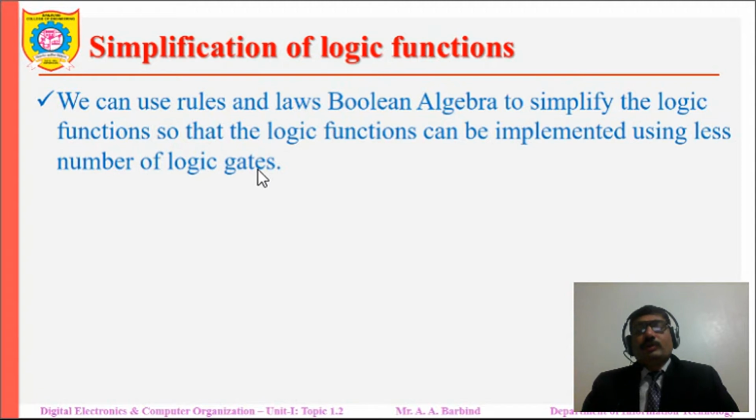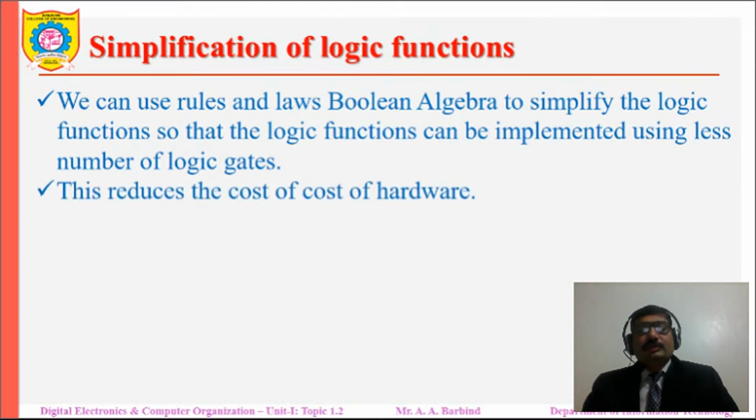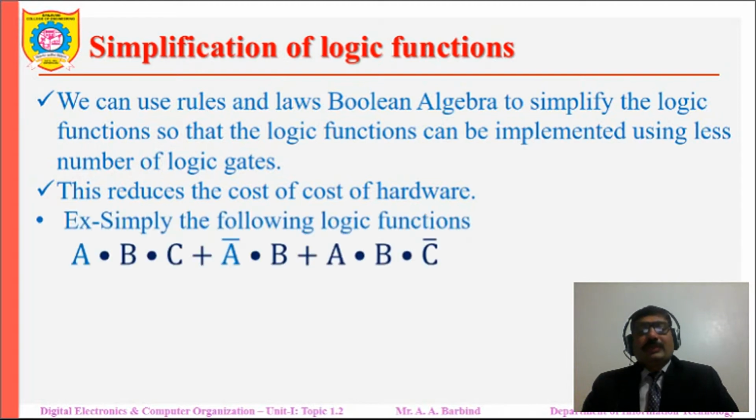So before implementing any logic function, we go first for simplification of that logic function so that the cost of implementation will be less. So this reduces the cost of the hardware, that is the number of logic gates that are required for implementation of that particular logic function.